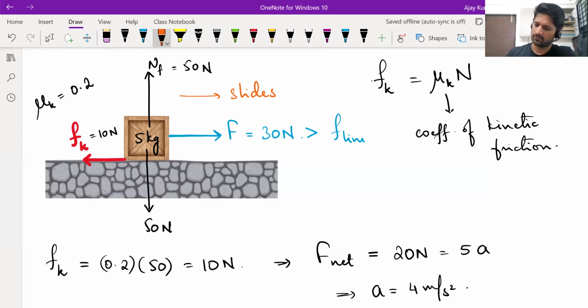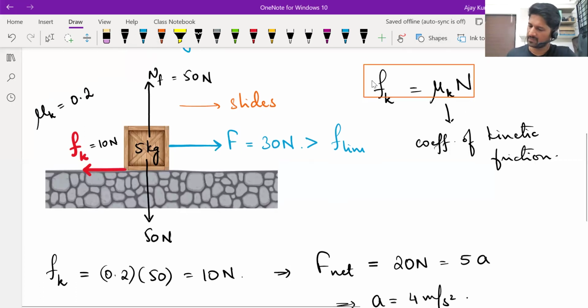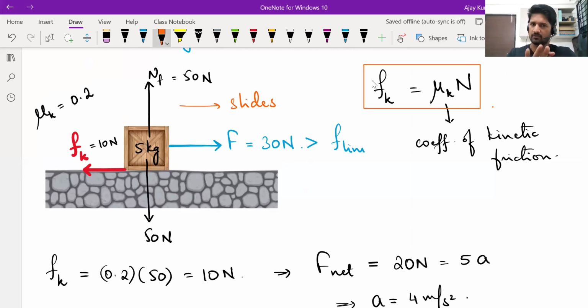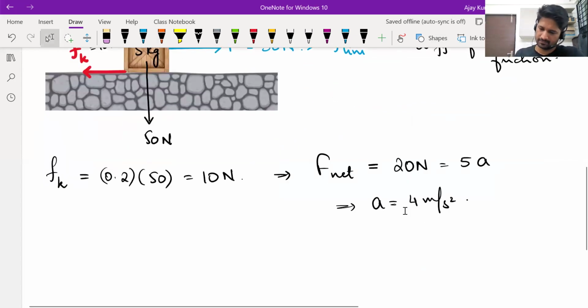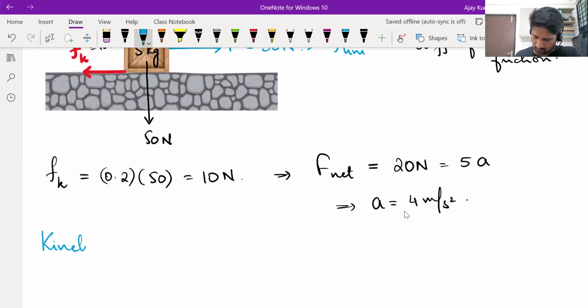And this is the formula for kinetic friction, mu k multiplied with N. Can one of you quickly tell me, not in this particular question, generally, in which direction does kinetic friction act?